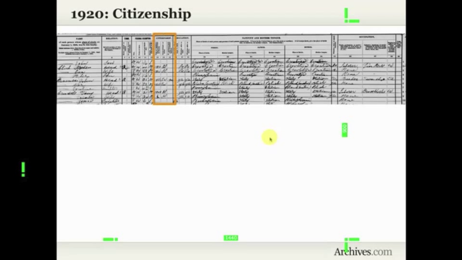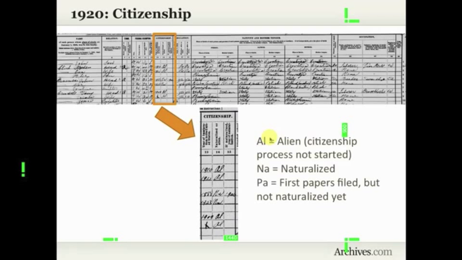Citizenship. Here in the next section of the 1920 census, if the person was not born in the United States, they were supposed to give the year that they arrived in the United States and then their citizenship status. So if they were listed as AL, that meant alien. They had not taken any steps at all to become a U.S. citizen.